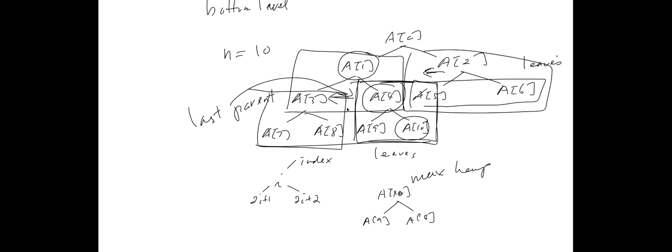They are already max heaps. So what we need to do is compare this root with its two children. Let's say A4 is the largest. Then we place A4 at the root and put A1 down.